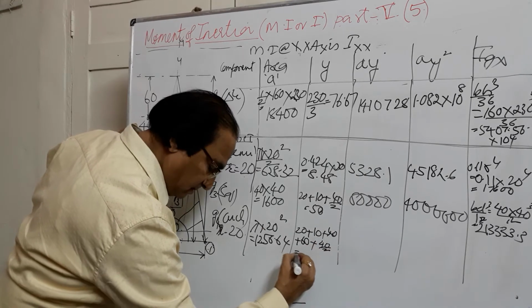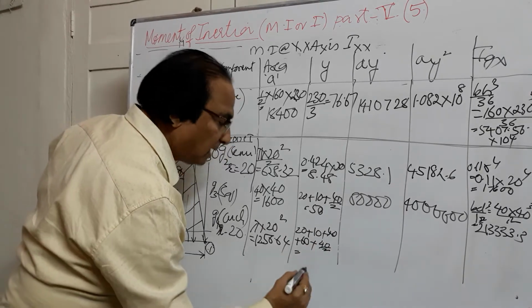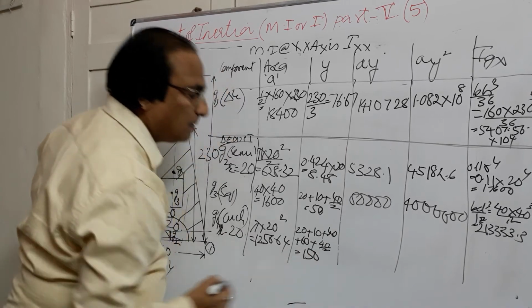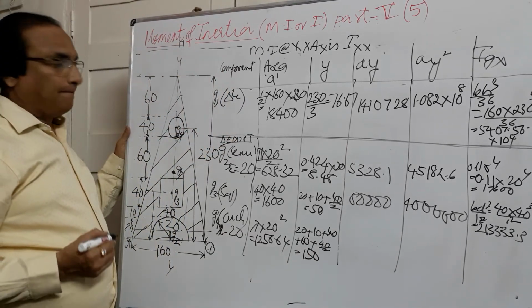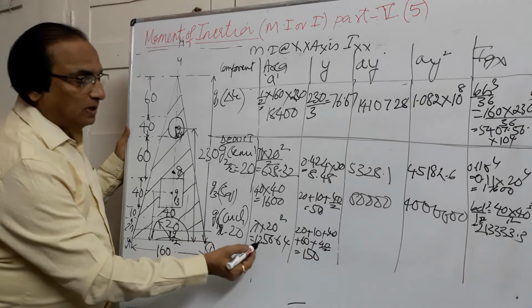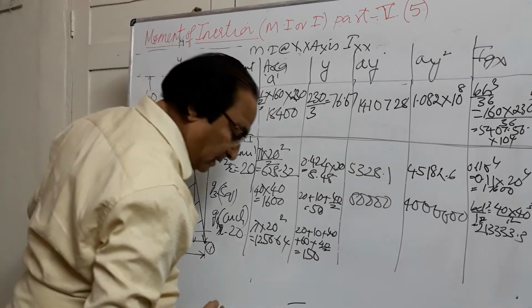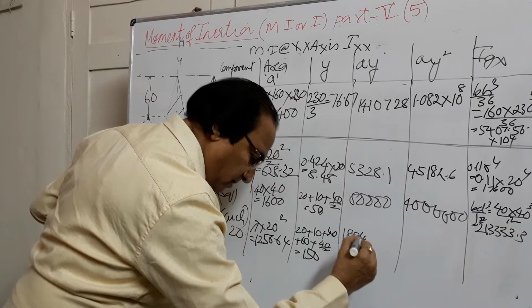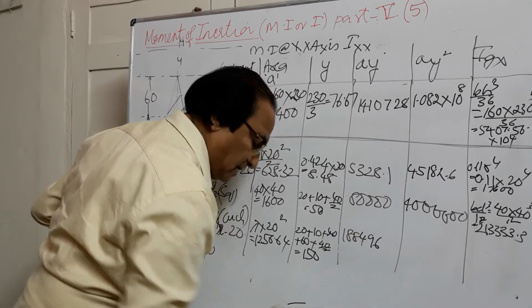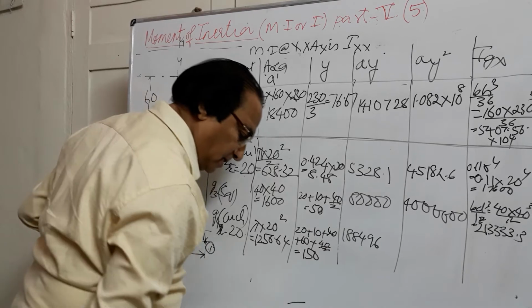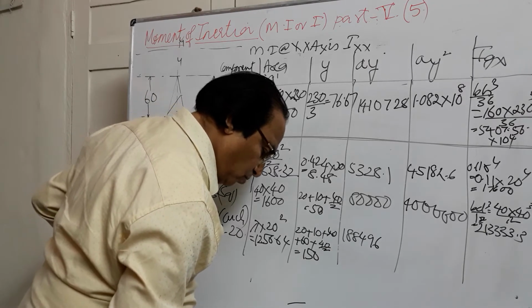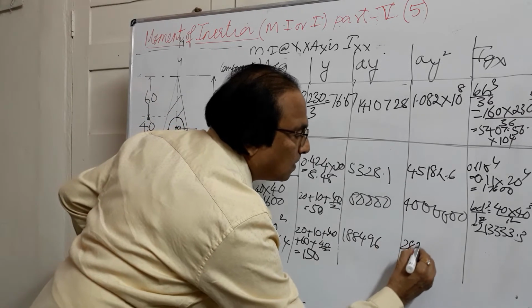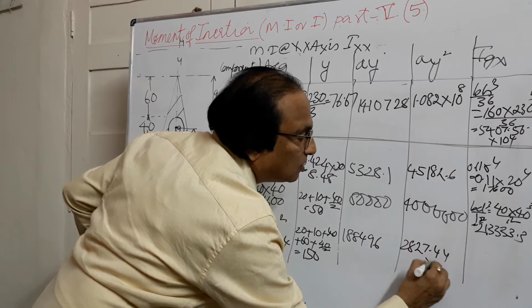So if you see, this value is 150 mm. You know A, you know Y, multiply them, you get 188496, and if you once again multiply this, you get 2827.44 into 10 to the power of 4.